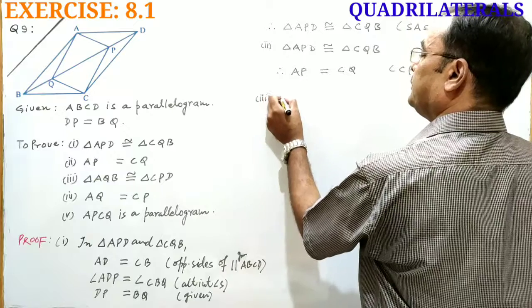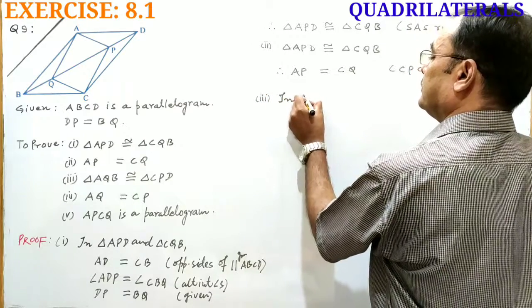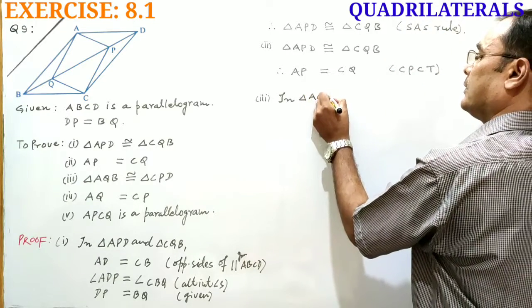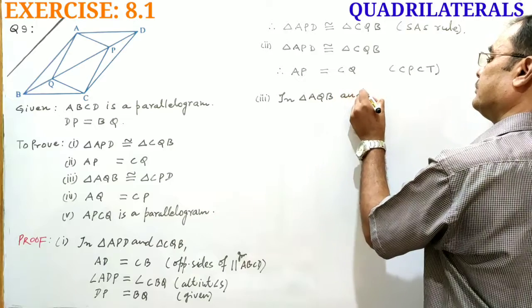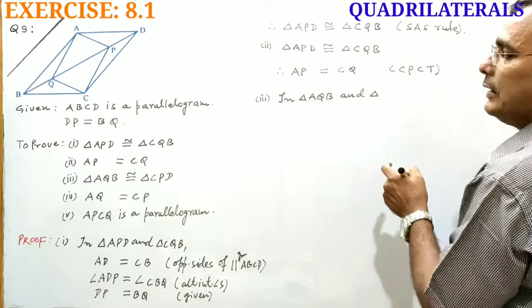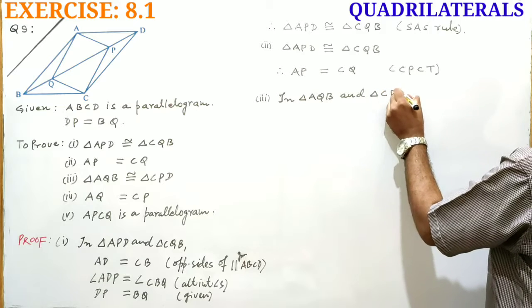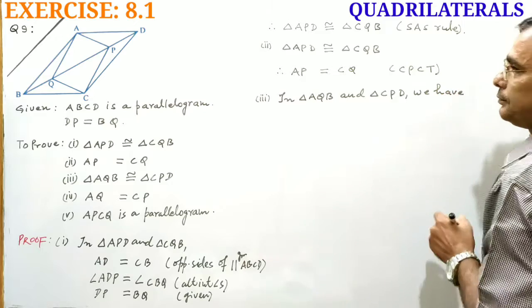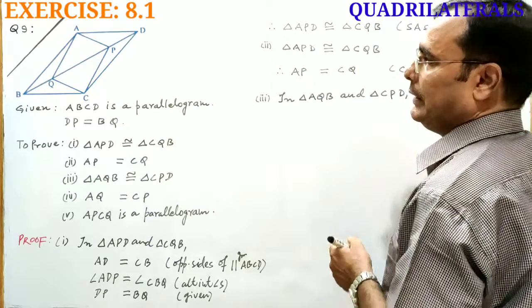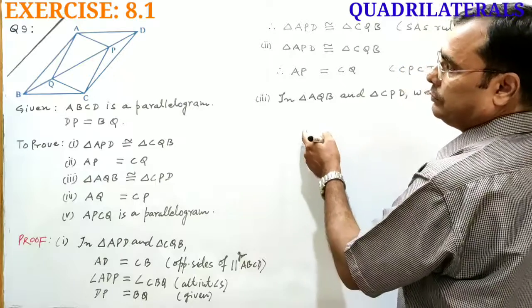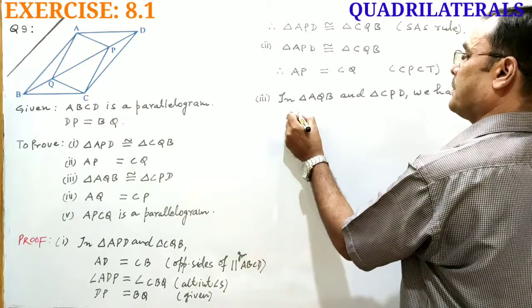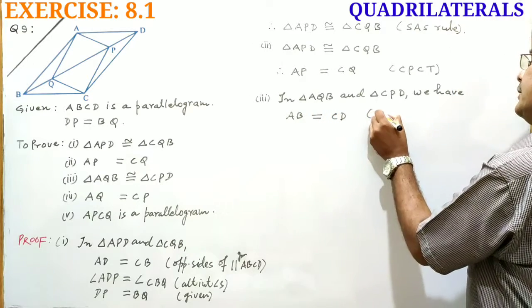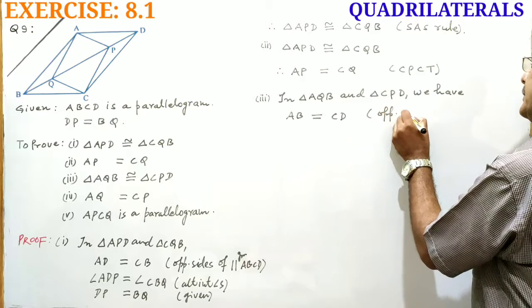Now third part, in triangle AQB and triangle CPD we have AB equal to CD. Opposite sides of parallelogram ABCD.